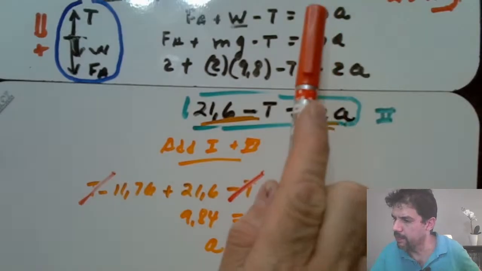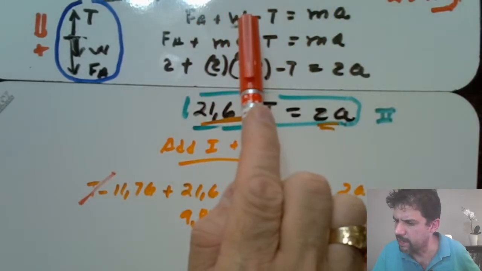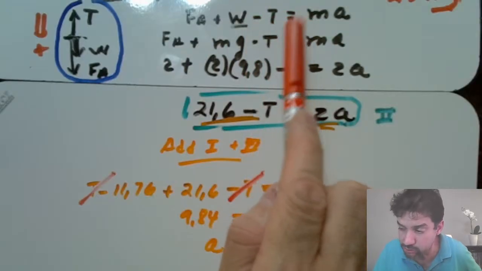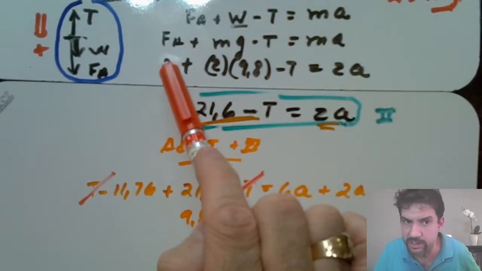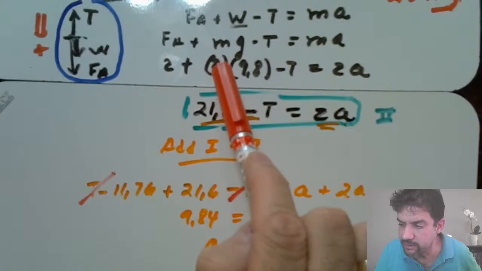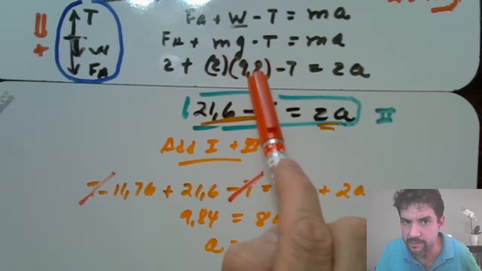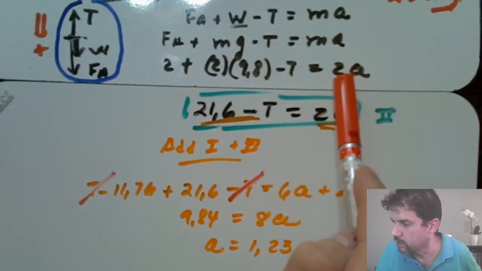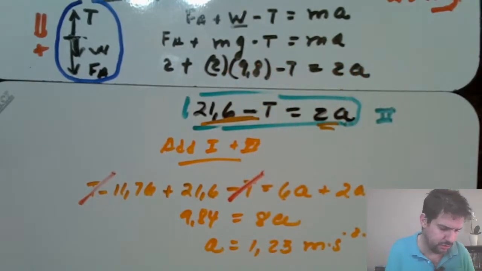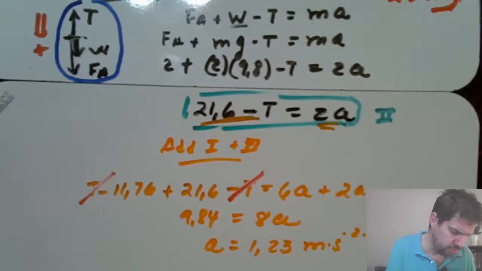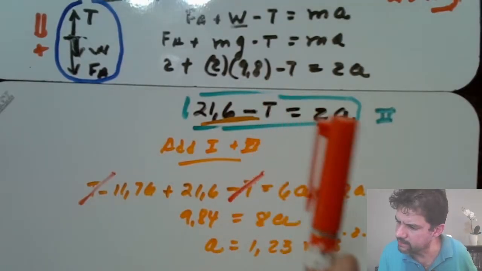Let's check quickly. Okay, F net equal to MA, applied force plus weight minus T is equal to MA. Applied force is 2. The mass is 2. Acceleration due to gravity is 9,8. So let me redo this calculation. 2 times 9,8 is equal to 19,6.